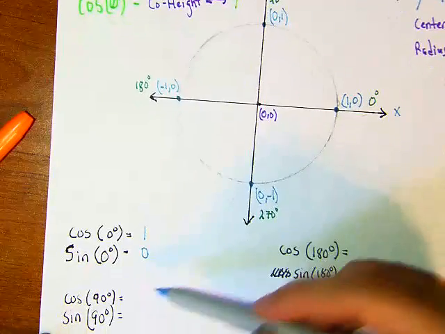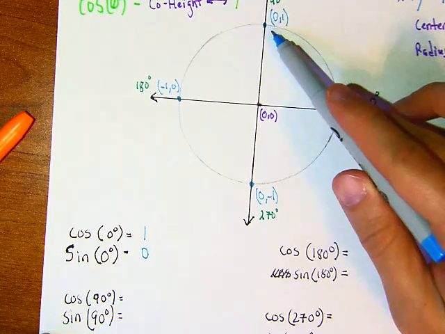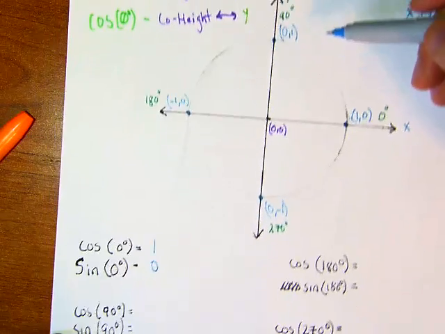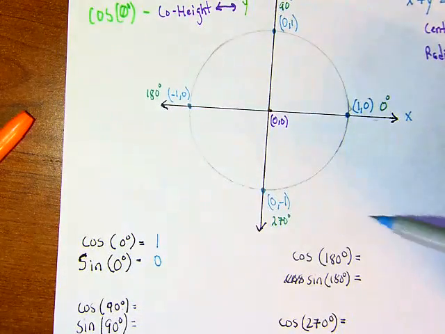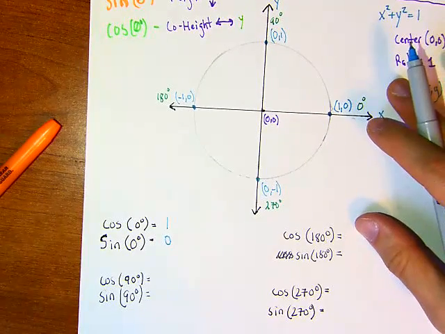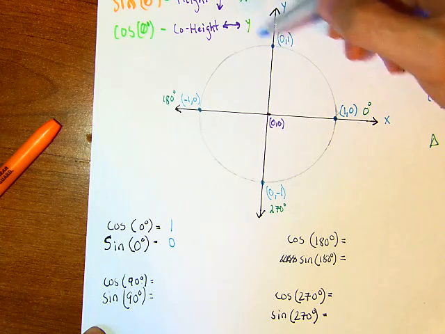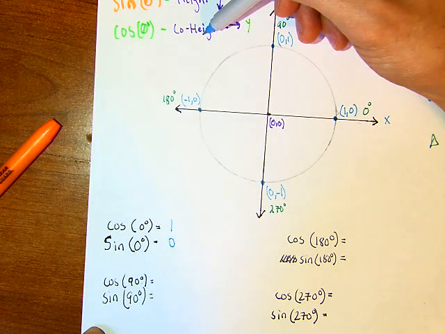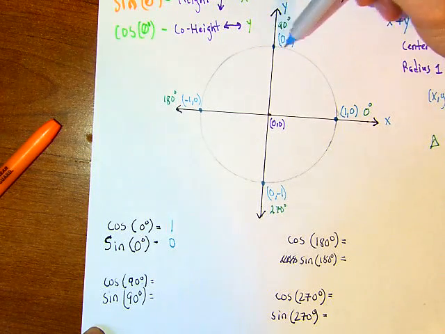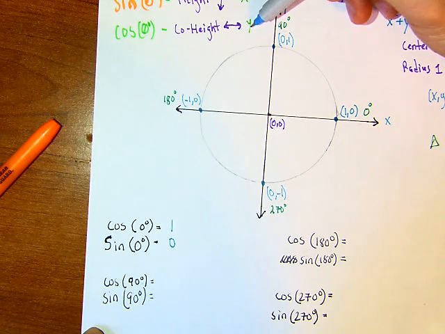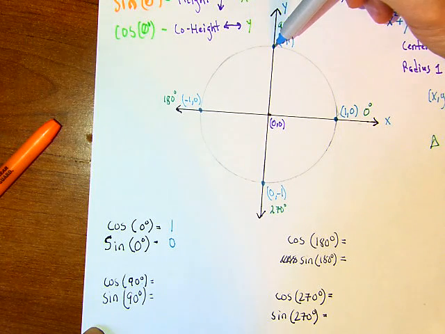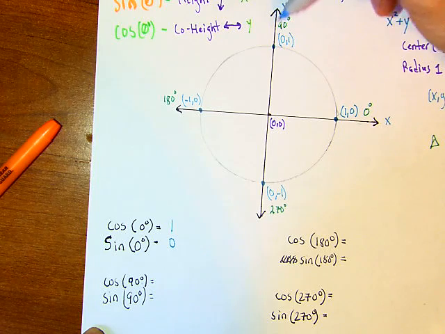What will be the cosine of 90 degrees? Let me zoom out a little bit. Cosine of 90 degrees, well, let's look here. Cosine is coheight, and coheight is left and right with respect to the y-axis. What's the distance from this point to the y-axis?